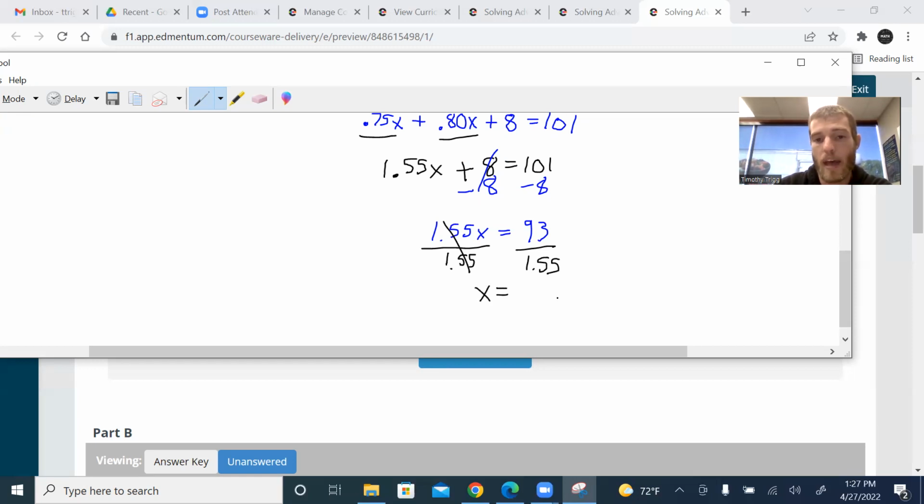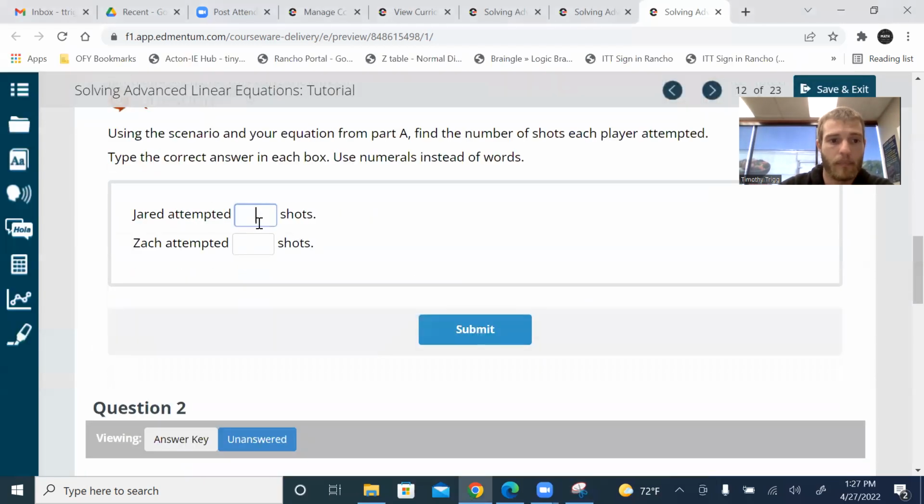This leaves us with x equals, and feel free to use a calculator on every single problem if you want, 60. Now remember, x is the number of shots that Jared attempted. And we also learned from the problem that Zach attempted 10 more than Jared. So that means Zach attempted 70.